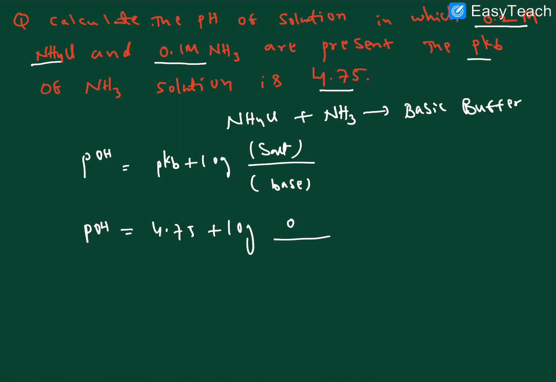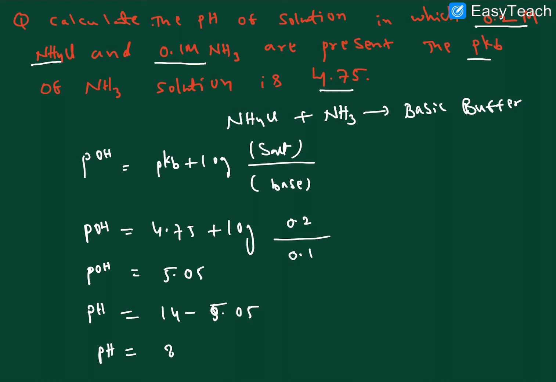So pOH is equal to pKb, which they are giving here as 4.75, plus log, and the salt concentration here is 0.2, and the concentration of base here is 0.1. Calculating, we will get 5.05.